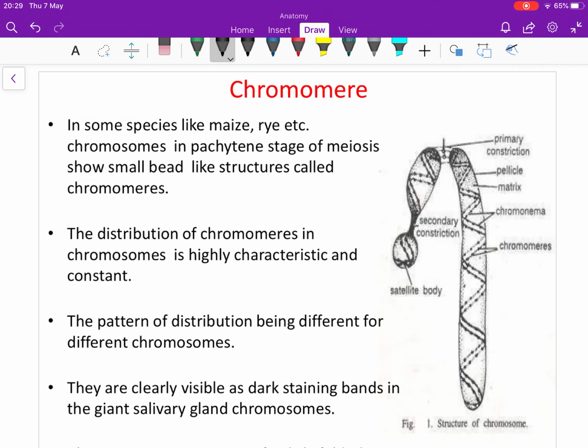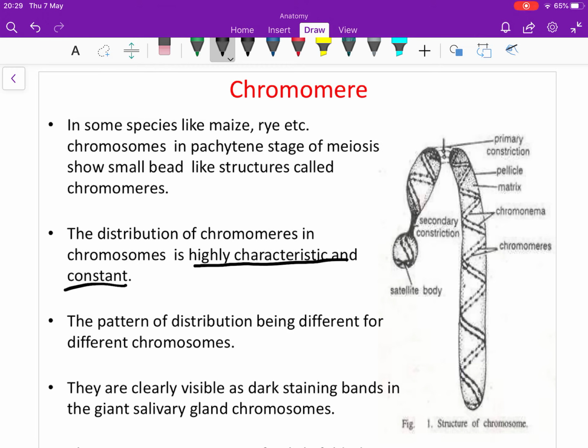Now, this beaded structure is distinct during the pachytene stage. The distribution of chromomeres in a chromosome is highly characteristic and constant, the pattern of distribution being different for different chromosomes. Whenever we consider any chromosome, the pattern of distribution of the chromomeres is different.